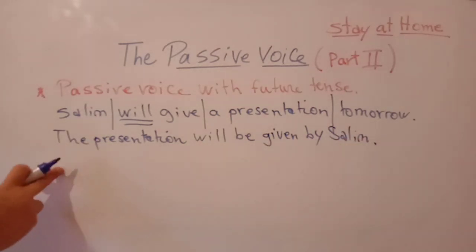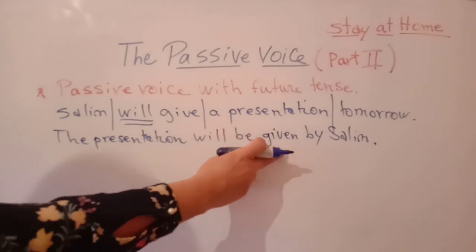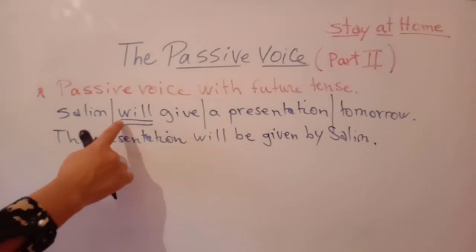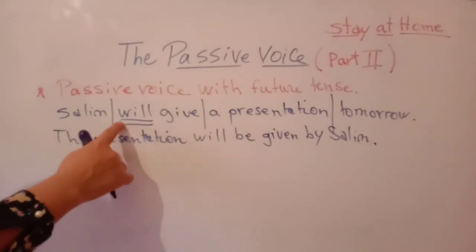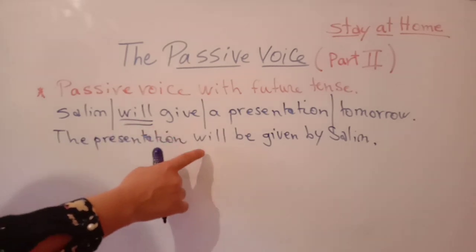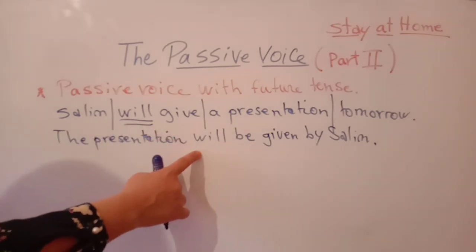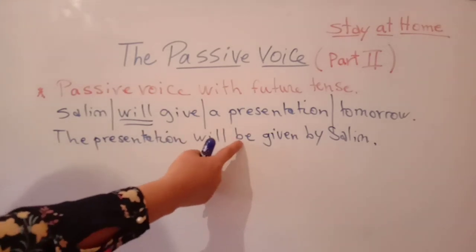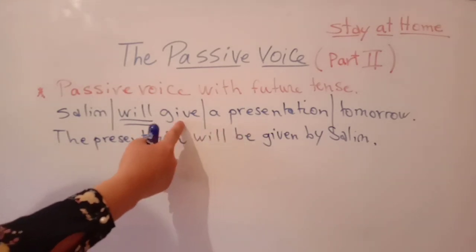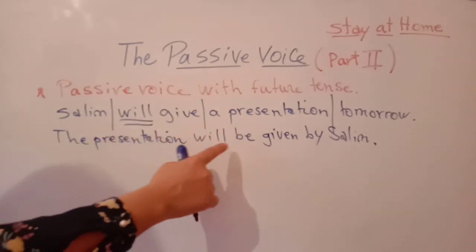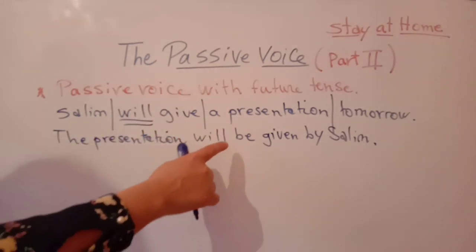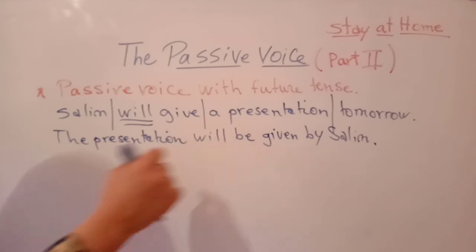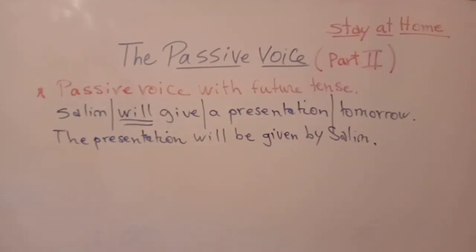Okay, so the presentation will be given. So when you have a modal verb in the active sentence, it doesn't change in the passive voice. Okay, will plus to be. It's infinitive because give is infinitive, so be should be also bare infinitive plus past participle of give which is given by Salim. Is it clear?